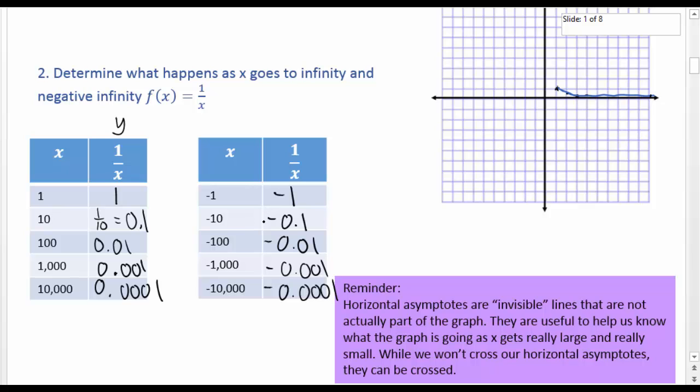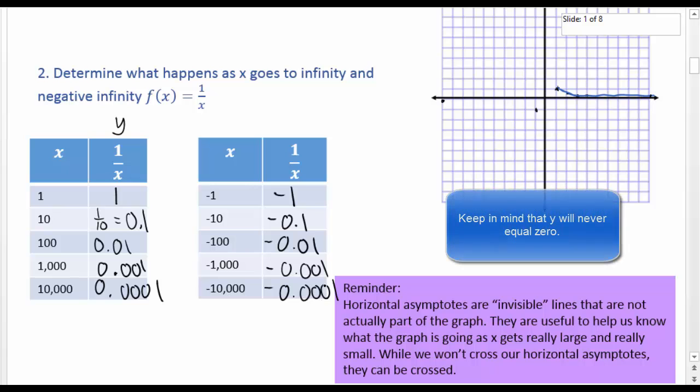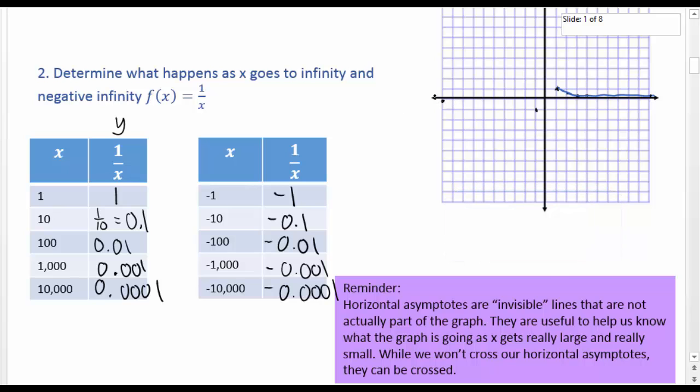And again, the only points we'll actually be able to plot are going to be the (-1, -1) and that (-10, -1/10). So as we get more and more negative, this is becoming closer and closer to 0, but it's never actually going to equal 0. So again, we won't actually touch the x-axis. So we won't have 0 for a y value.